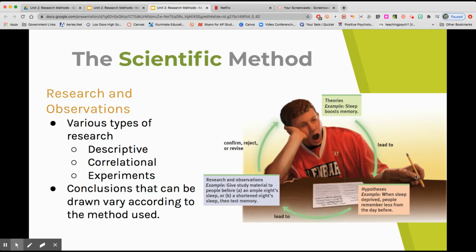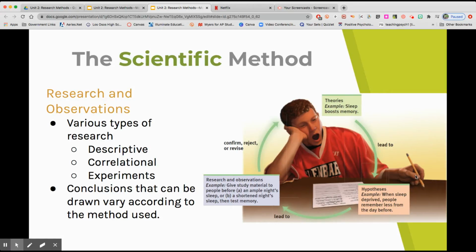If I want to claim a cause and effect relationship, the only type of research that allows me to make that sort of cause-effect claim, that this caused that, is an experiment. And an experiment is where I'm actually manipulating variables, as we see in this example. With descriptive or correlational, I can describe relationships. I can say there appears to be, but I can't make that conclusive cause-effect statement.